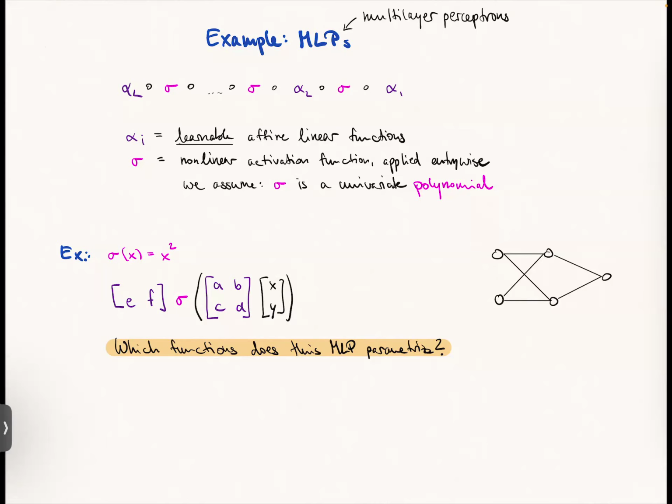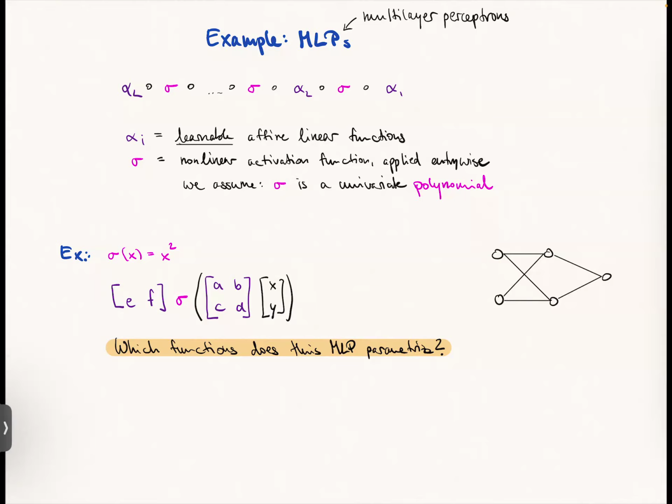The purple alphas are the learnable affine linear functions in each layer. And then in between, one has some pink non-linearity that you apply entry-wise. And in my algebraic geometry approach, I'm going to assume that this pink sigma activation function is a univariate polynomial.